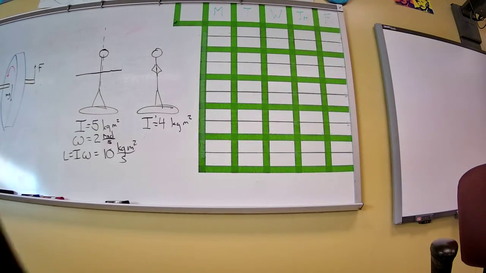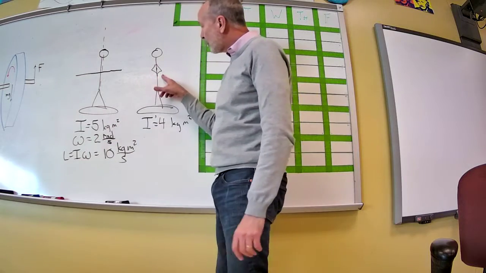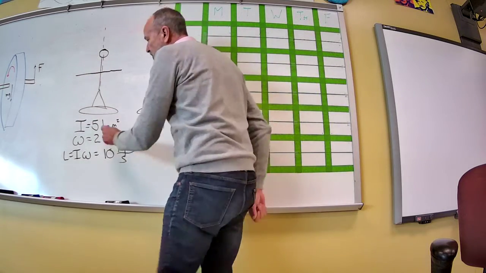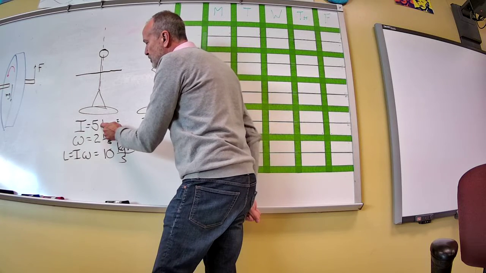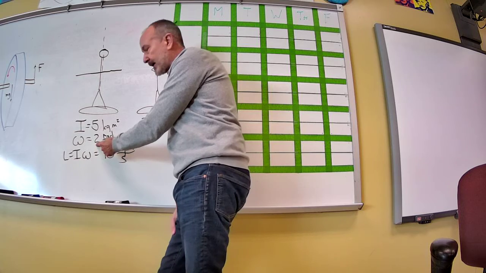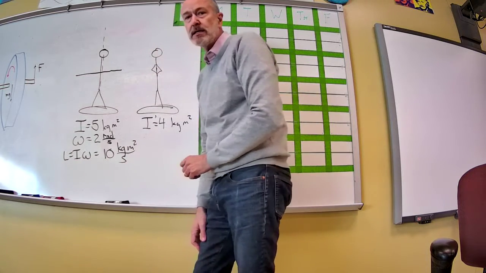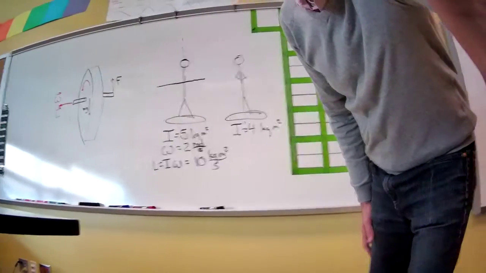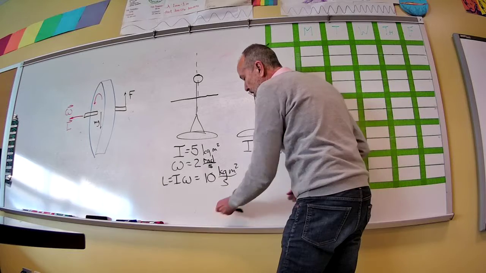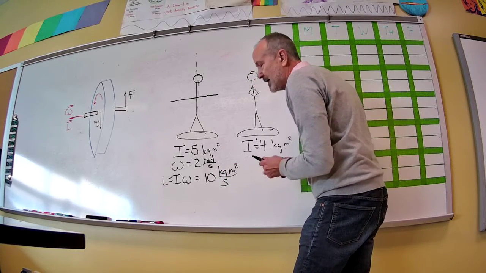Okay, so when I had a small rotational, let's do it in reverse. When I had a big rotational inertia, 5 kilogram-meters squared, and my omega was 2 radians per second, then my angular momentum was 10 kilogram-meters squared per second, and that's the unit, because radians doesn't really count. It's dimensionless.